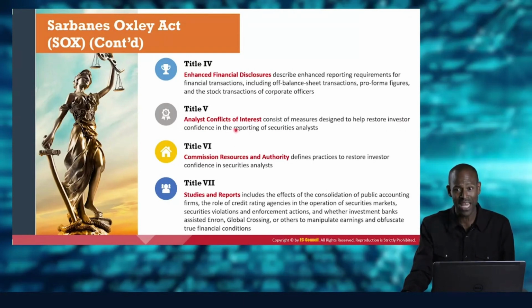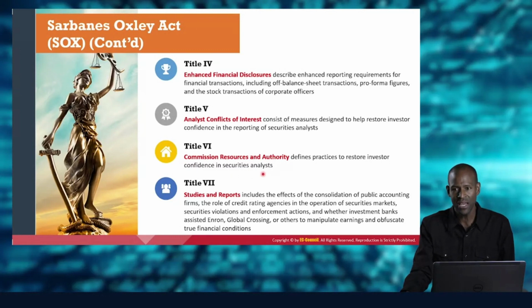That's Title V. Title VI, we want the practices of the Commission of Resources and Authority, again, to be done in a way that will preserve, and we see this over and over again in SOX, to restore investor confidence, in this case, security analysts.